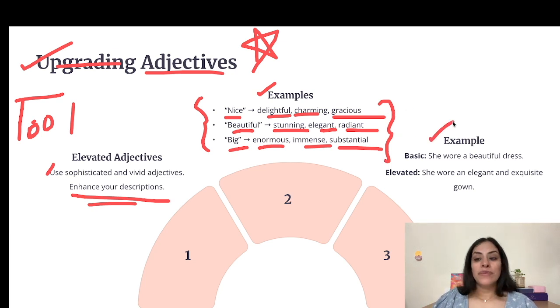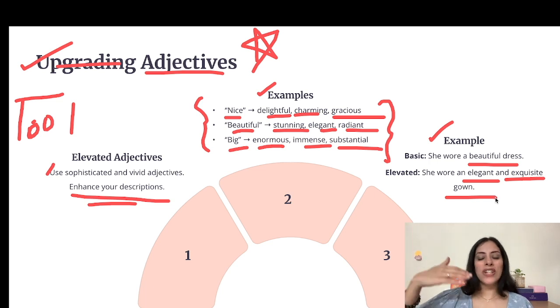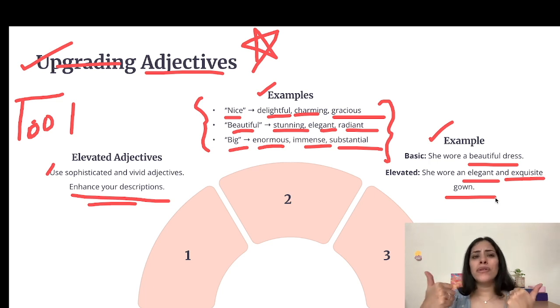An example, since I talked about beautiful dresses: she wore a beautiful dress. That's a basic sentence. It is not incorrect, but you won't get a better score. But if you write, she wore an elegant and exquisite gown, you see the sudden shift in the perception as a reader or as a listener. Beautiful dress means okay, it's a dress, beautiful, normal.